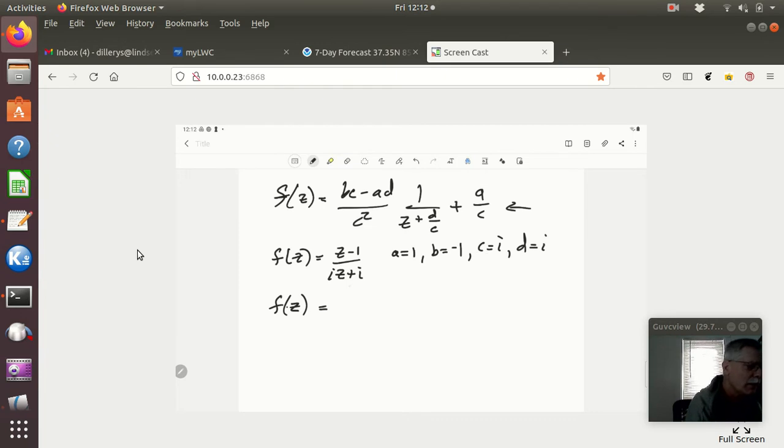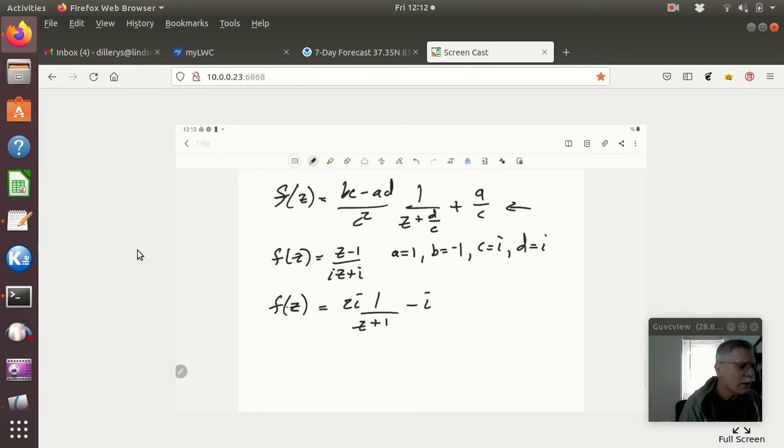So we get a 2i out there in front. And then D over C is 1, and so this is times 1 over z plus 1. And then A over C is 1 over i, which is the same thing as minus i.